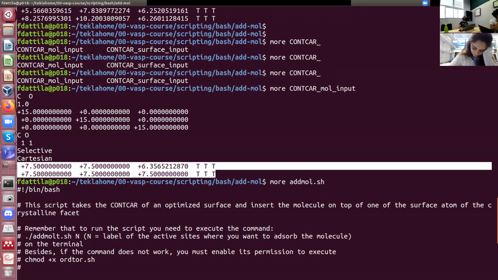And if you make this work for CO, I can tell you that it will work for every molecule. Because whenever you have the coordinates of the second molecule, with one of the atoms at 0, 0, 0, then you are translating the whole molecule to 0, 0, 0, and you will just have to sum the coordinates of this molecule on top of the second atom.